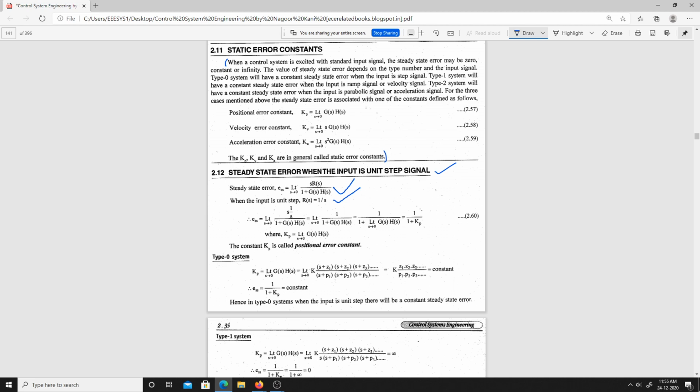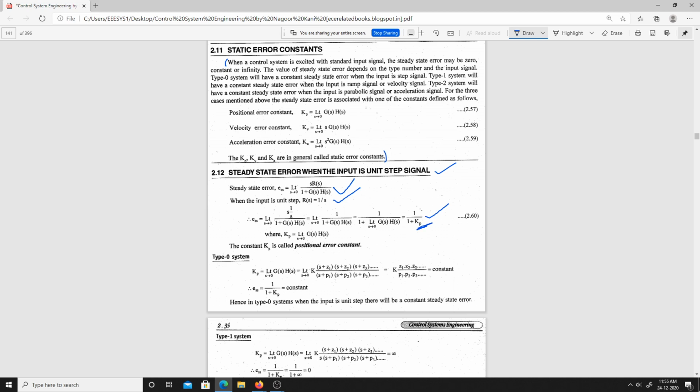So ESS is limit s tends to 0 of s into 1 by s by 1 plus G(s) H(s). Finally the expression is 1 by 1 plus Kp. Is that clear?